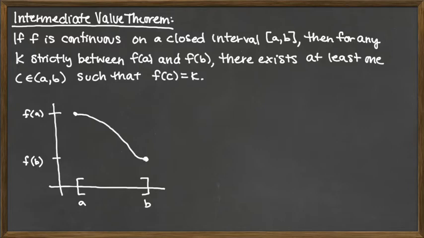So because of continuity, every y value that we pick in between here, so we see here k, is just some arbitrary value in between f of a and f of b, we would be able to find a place on the function that reaches that value k, and we could trace back to our interval and find at least one value c strictly in between a and b, so in the open interval ab, such that when we input c, we get the output of k there.